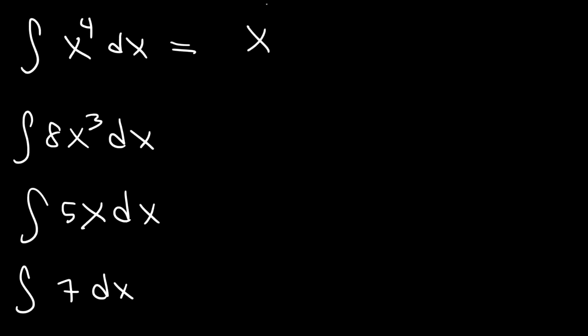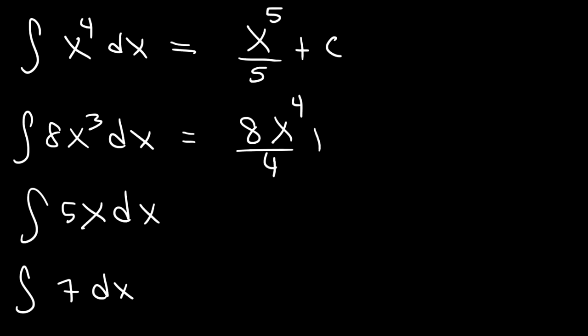So go ahead and integrate these values. All we're going to do is add 1 to the exponent and then divide by that number. So the antiderivative, or the integral of x to the 4th, is x to the 5th over 5 plus c. For the next one, let's add 1 to 3, so it's going to be 4, and then divide by 4. Now 8 divided by 4 is 2, so the answer is 2x to the 4th plus c.